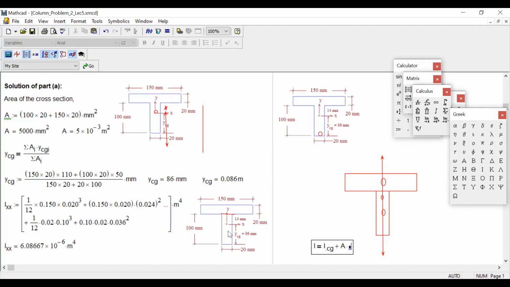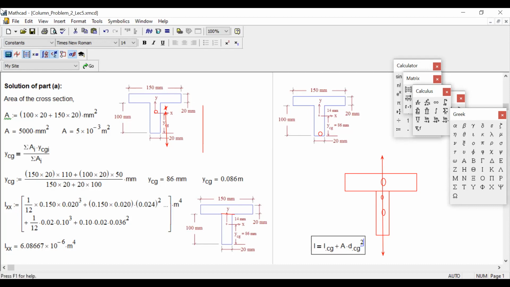What is d square? Distance between the CG of the area and the CG of the whole, squared. So d is the distance between 2 CGs. One CG is the CG of the area, the other is the point for which you like to figure out the inertia.